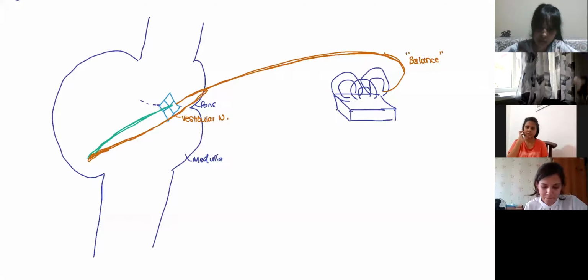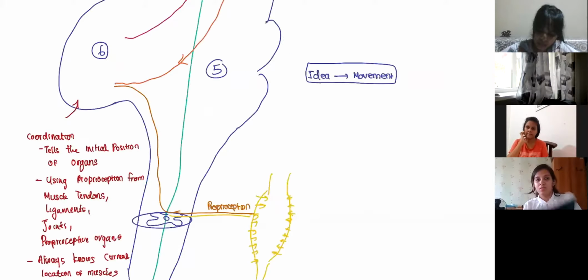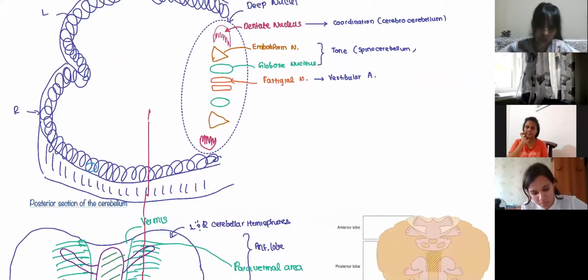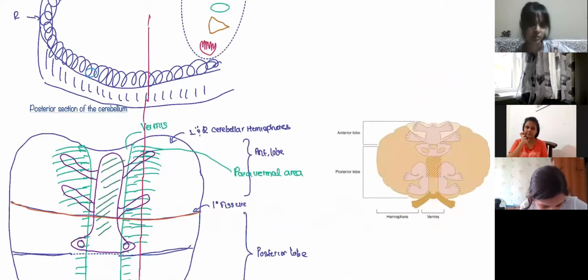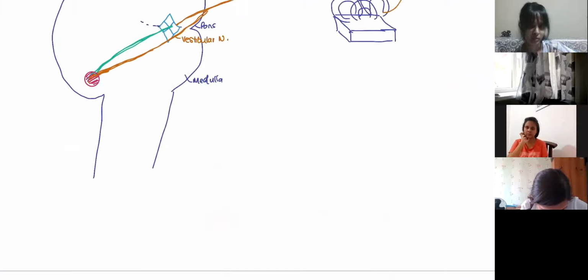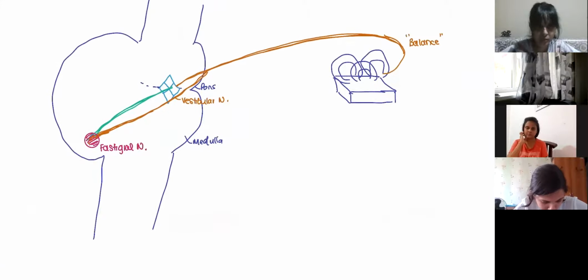The flocculus, yes. And it goes to a nucleus. What is the name of that nucleus? The most primordial. Fastigial, yes. It goes to the fastigial nucleus.